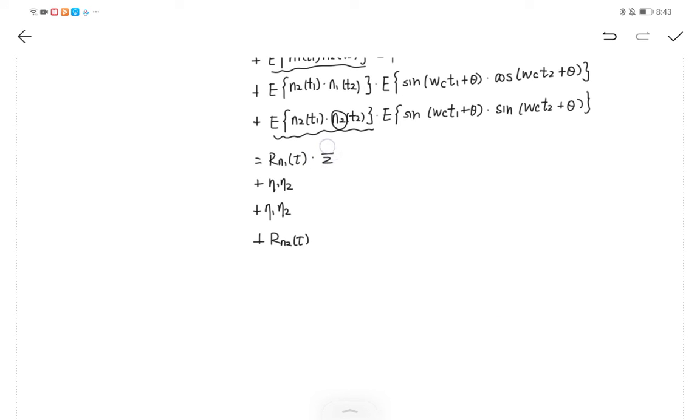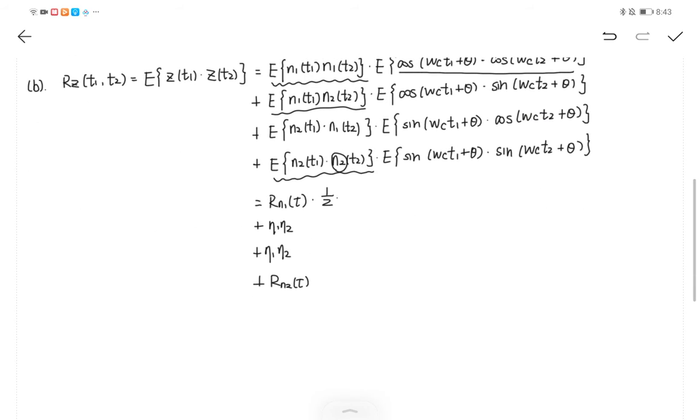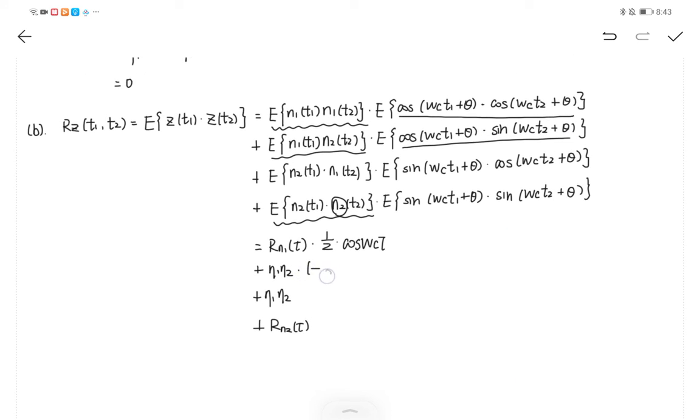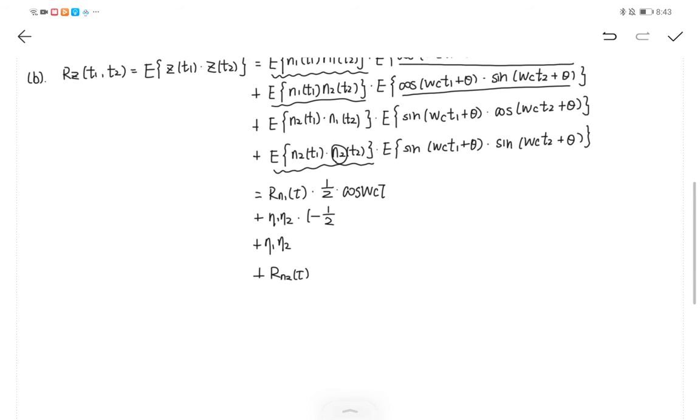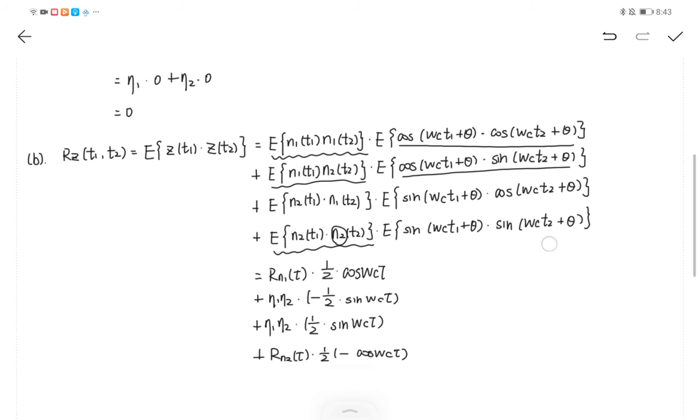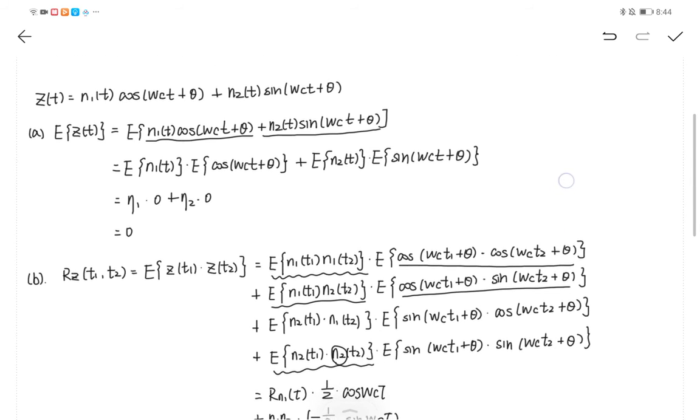And this is our half of cosine(omega_c tau), and this part must equal minus 1/2 multiplied by sine(omega_c tau), and this part might equal half sine(omega_c tau), and this part equals cosine(omega_c tau).